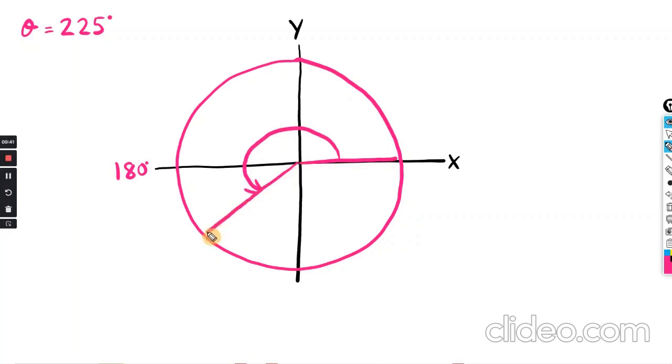So just draw in the radius. If this is 180 and we went all the way to 225, this angle right here is just going to be 225 minus 180. So this is a 45-degree angle right here.